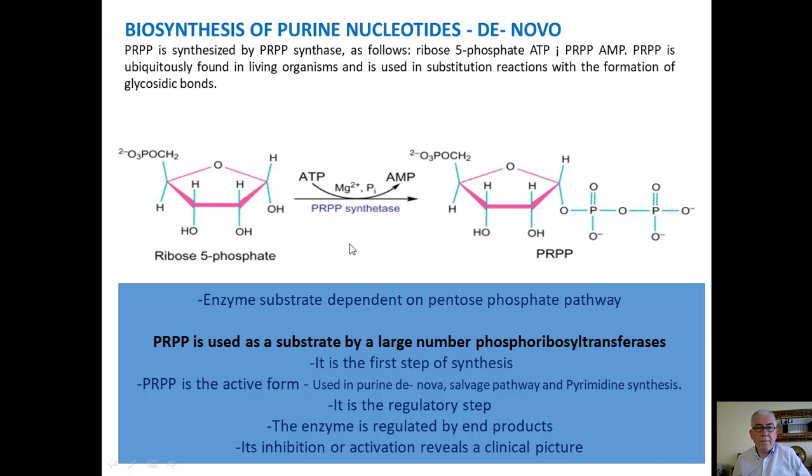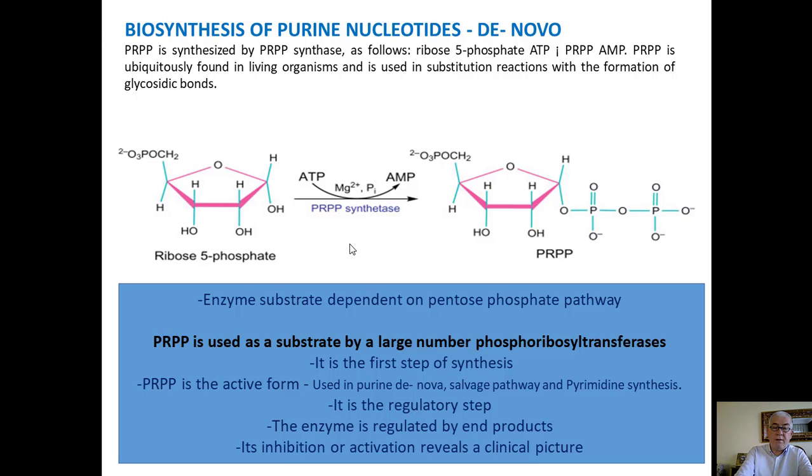The first step is in the purine de novo synthesis. We need ribose 5-phosphate, which is a unique substrate for PRPP synthase, phosphoribosyl pyrophosphate synthase. The enzyme needs ATP and transfers a pyrophosphate group to the sugar and produces PRPP. The enzyme's substrate depends on the pentose phosphate pathway.